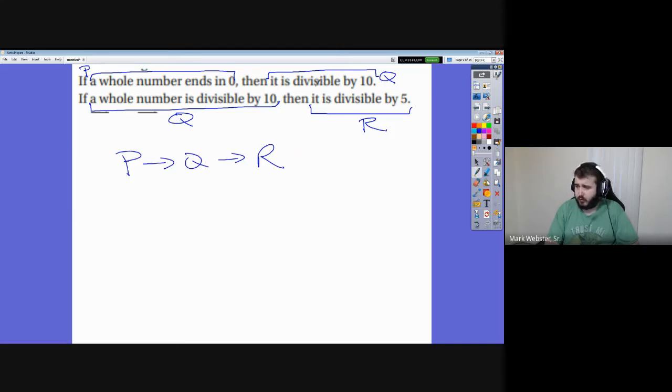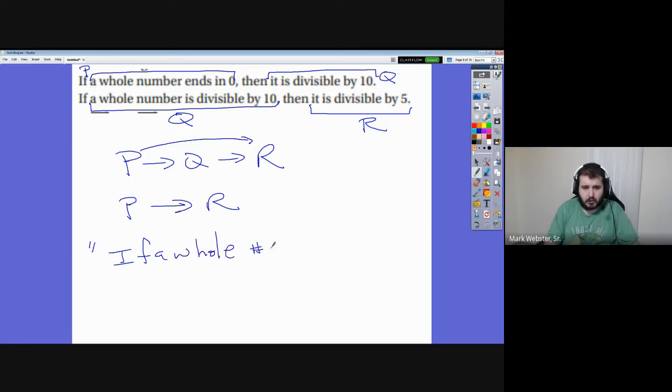If P implies Q, and if Q implies R, then we can cut out the middleman, go straight to P implies R, and we can say if a whole number ends in 0, then it's divisible by 5.